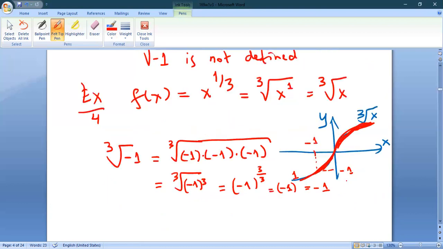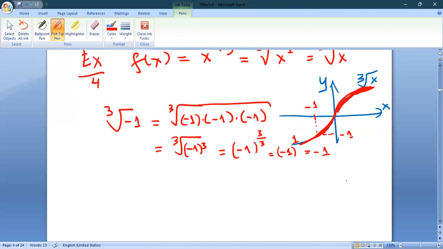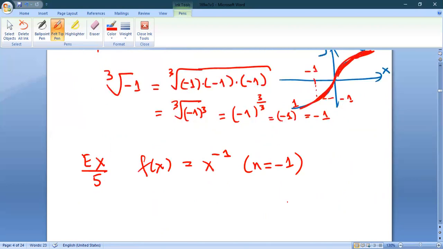Okay, so another example is this one. Let's say we have x to the -1. In this case, n is -1. Now, what does this mean?